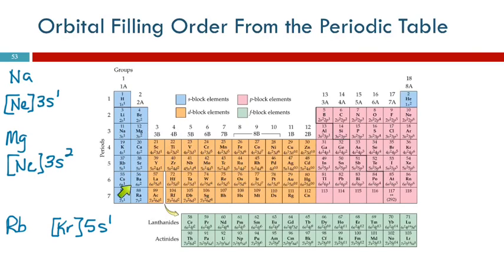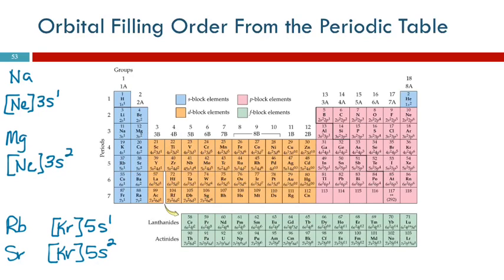So what would strontium be? 5s2. Yeah, krypton 5s2. Now, if you didn't use the noble gas configuration, you would have that mix up between like 4s and 3d.